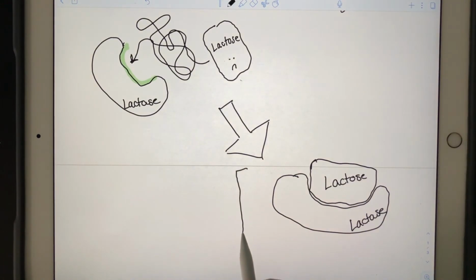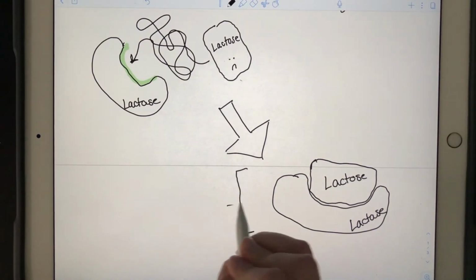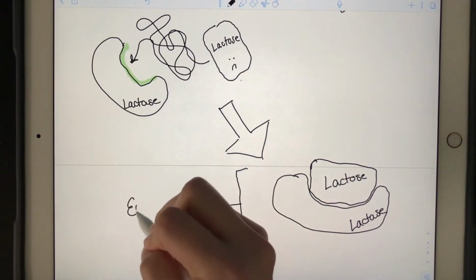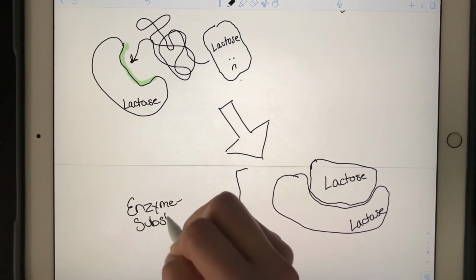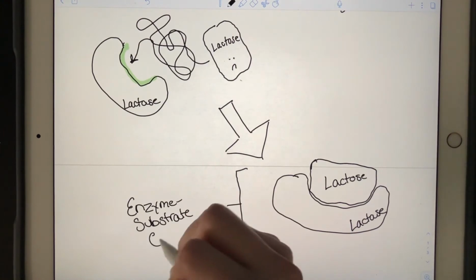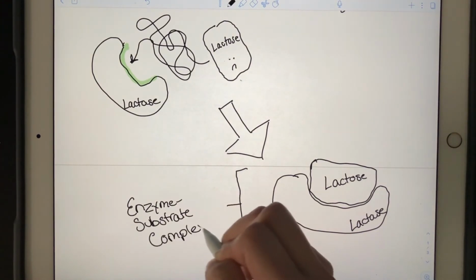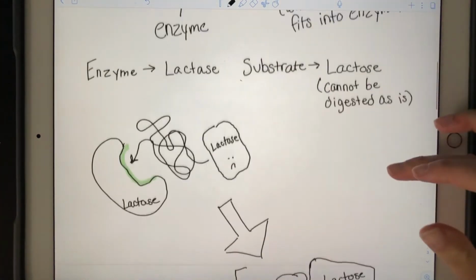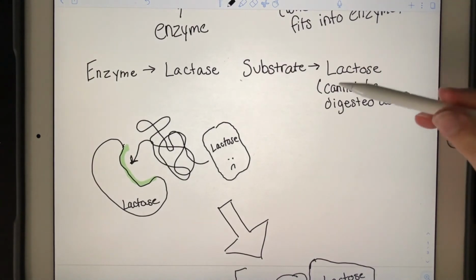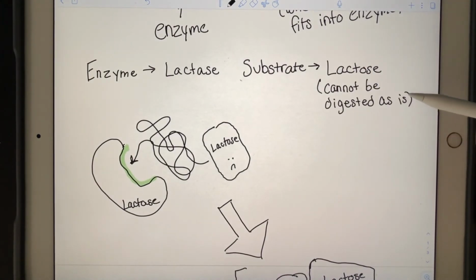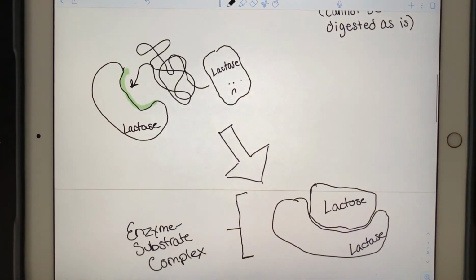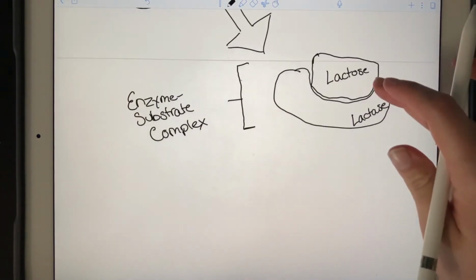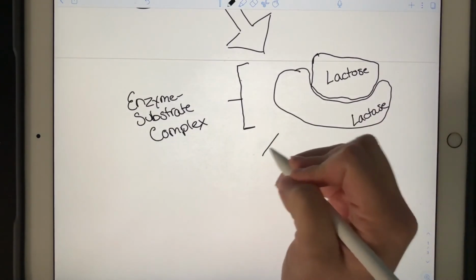When it's in this conformation or this shape, we call this the enzyme substrate complex. Lactose cannot be digested as it is, so we can't just have this enzyme substrate complex and say we're okay. We need to break down that lactose.